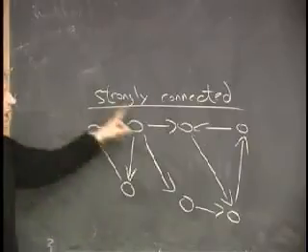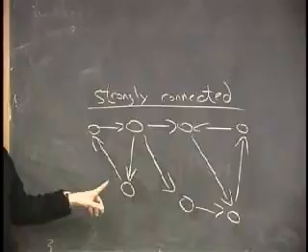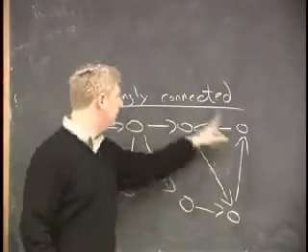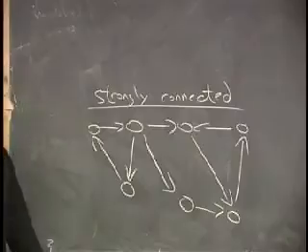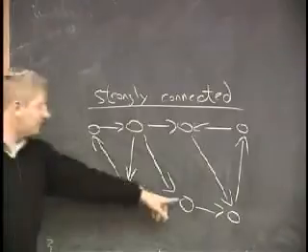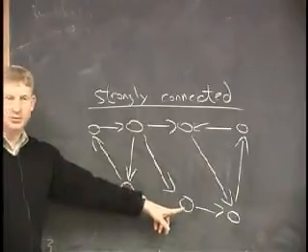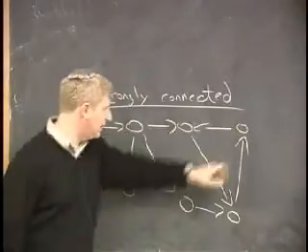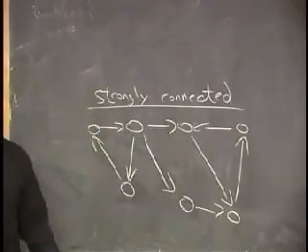These three nodes are in the same strongly connected component. These three nodes are. Any other strongly connected components? There's this guy all by itself. So the strongly connected components in this graph are these three, and that guy.